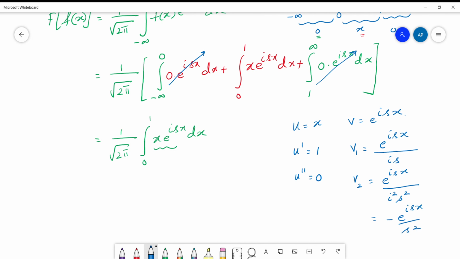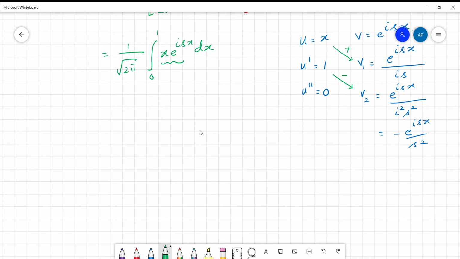So we have completed now. Now we connect u and v1 with a positive sign, we connect u dash v2 with a negative sign, and then write the final answer before we complete the substitution.